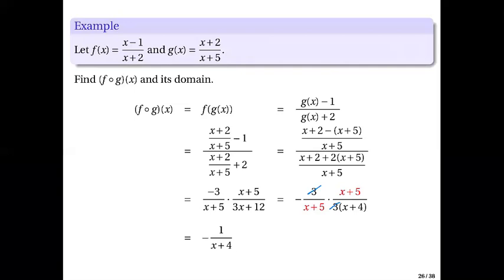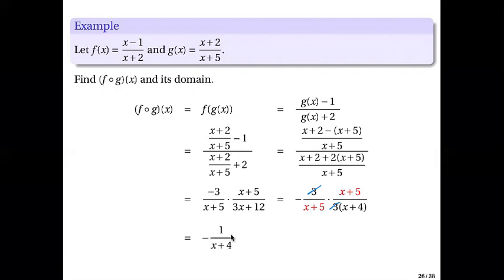So look at this. From some complicated expression, it's reduced to negative 1 over x plus 4. Okay? So the question is, what is the domain of g of x, or f of g of x?